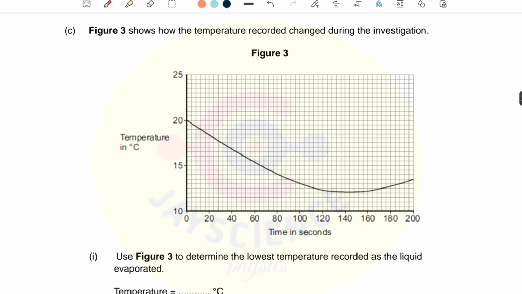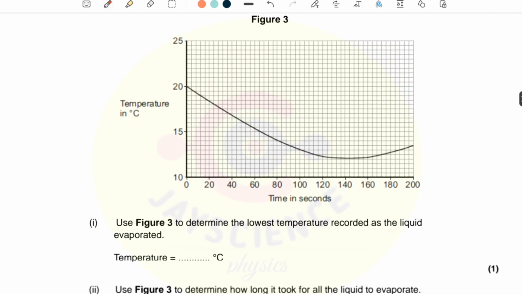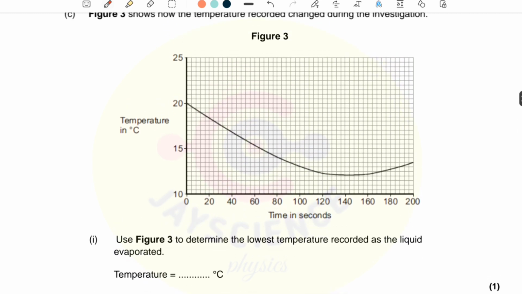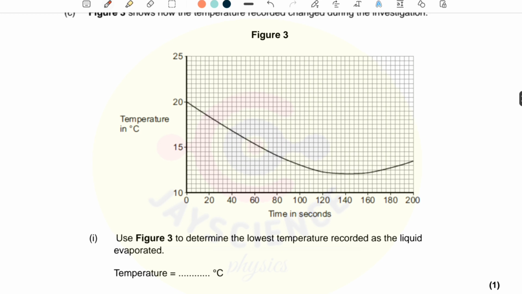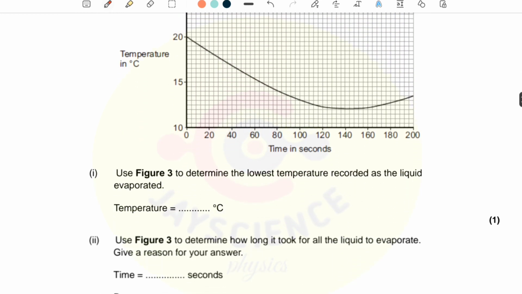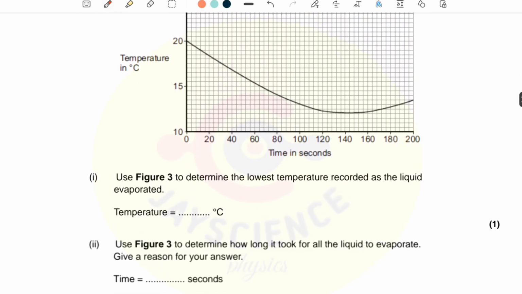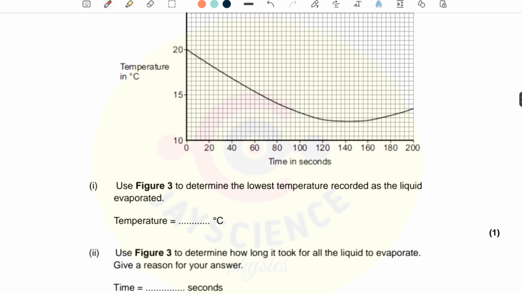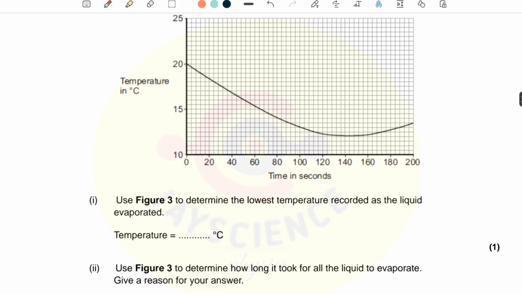Let's move on to C. Figure 3 shows how the temperature recorded changed during the investigation. You have the temperature on the y-axis and the time on the x-axis. Use figure 3 to determine the lowest temperature recorded as the liquid evaporated. The lowest temperature recorded is somewhere around here.